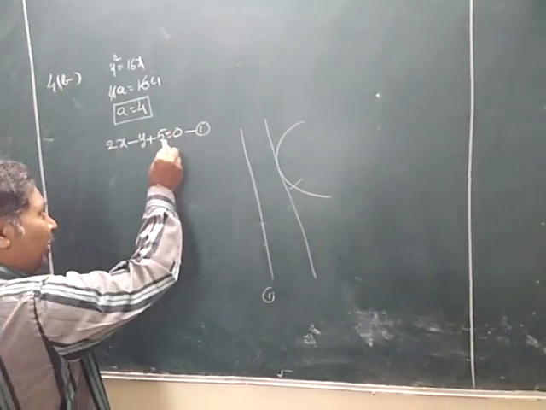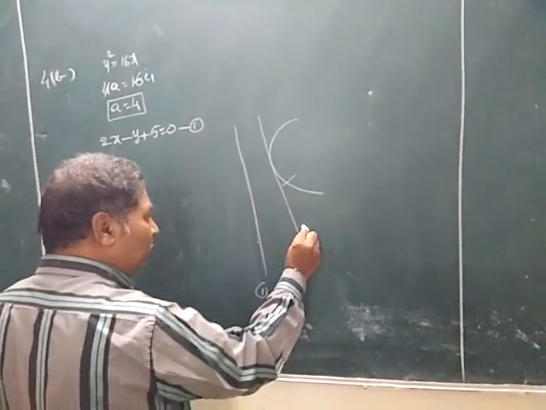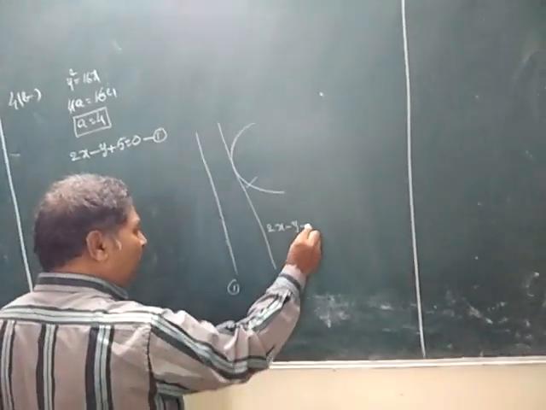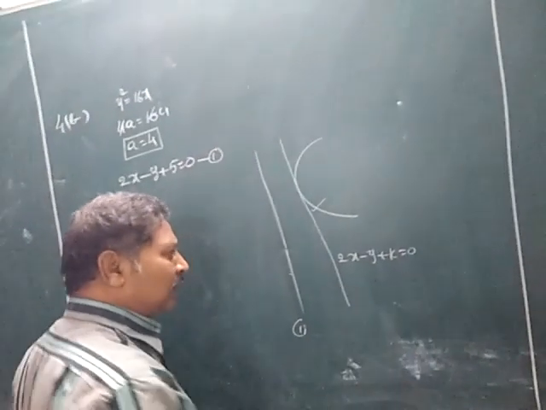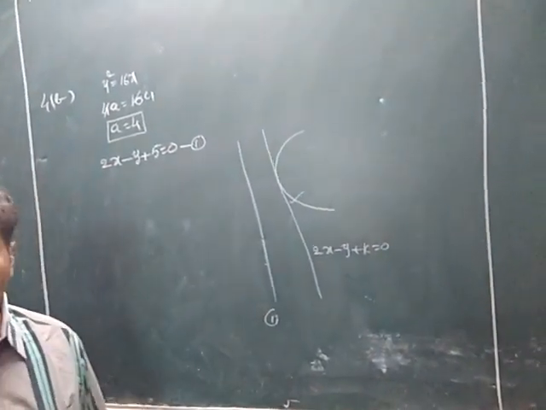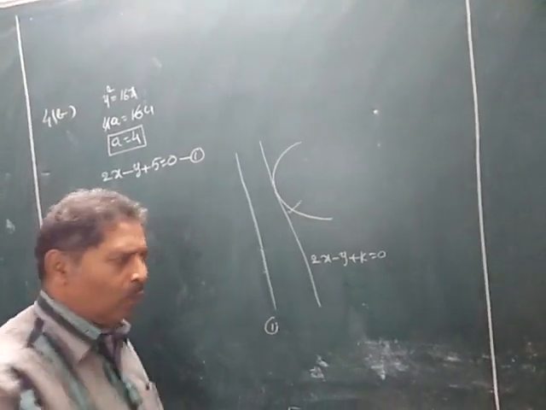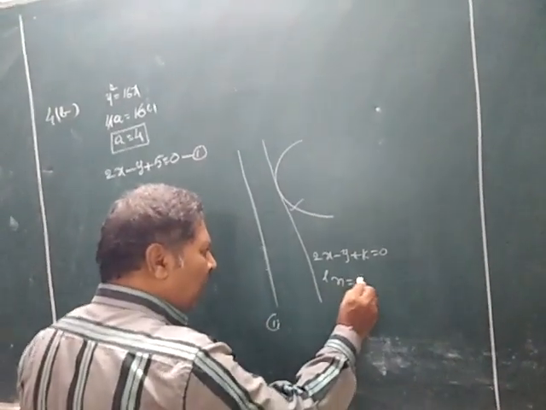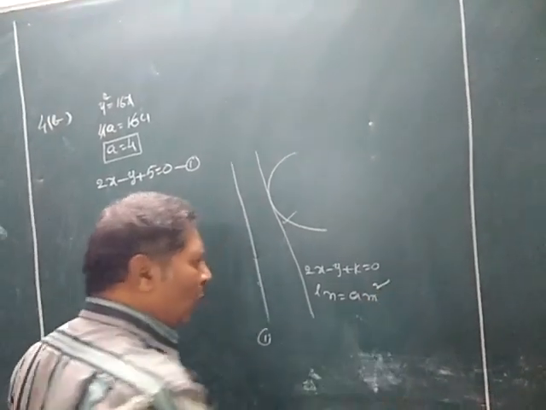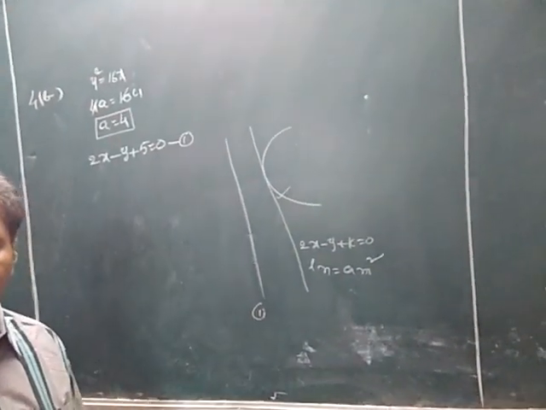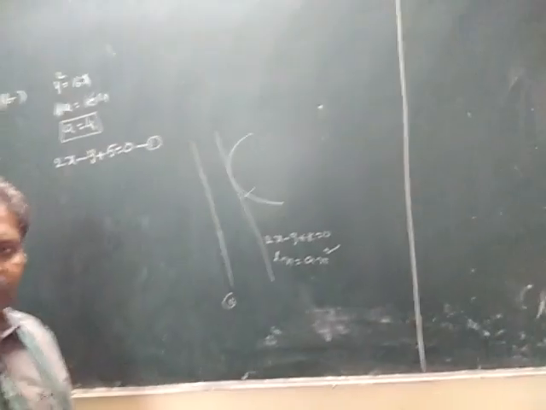So parallel lines differ by a constant: 2x minus y plus k equal to 0. To find the value of k, we apply the formula ln equal to am square.